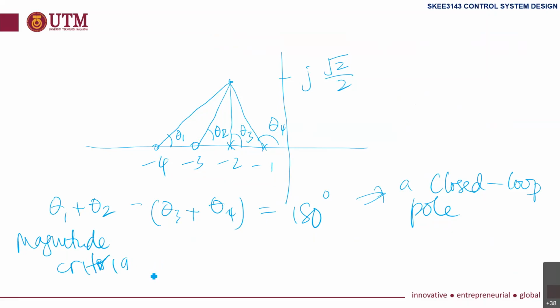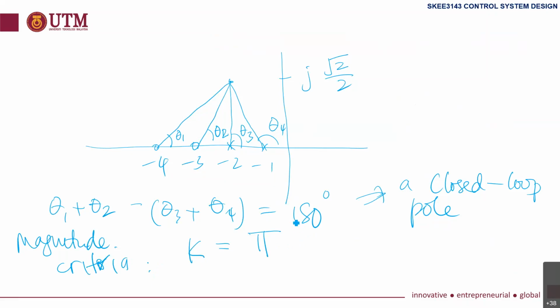For the second approach, the magnitude criteria is actually K is equal to the length, distance. This is the symbol for product.